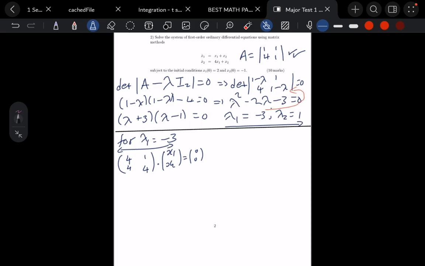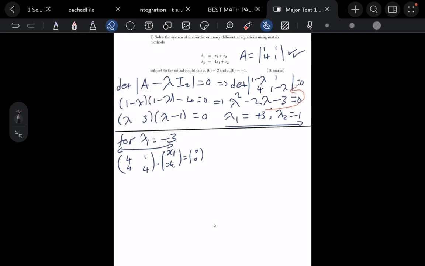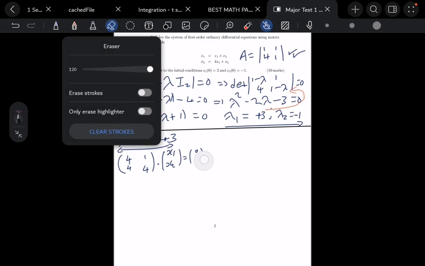Oh, lambda is positive 3, guys, and lambda is minus 1. I did factorize wrong, incorrect. Sorry. So we have a minus 1, and we have a positive 3. Now I see that you have a negative sign. So if you substitute a positive 3, now everything will change here.